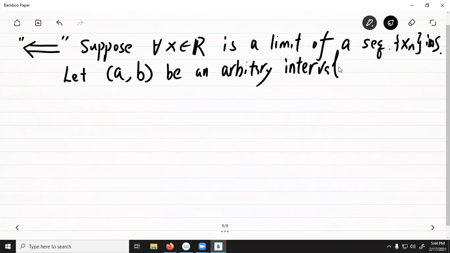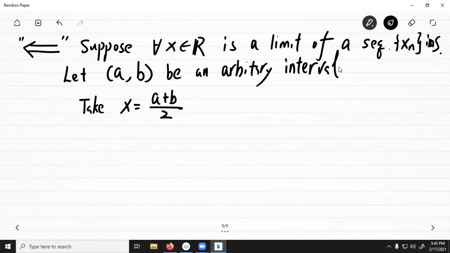Since this is true for every x, now let's fix this x. Let's take x to be 1/2 of a plus b. We have an arbitrary interval AB, then we pick the middle point as our x. No problem, right?